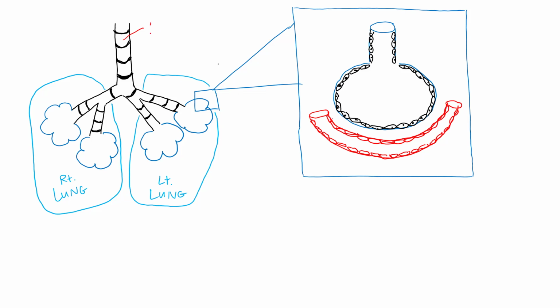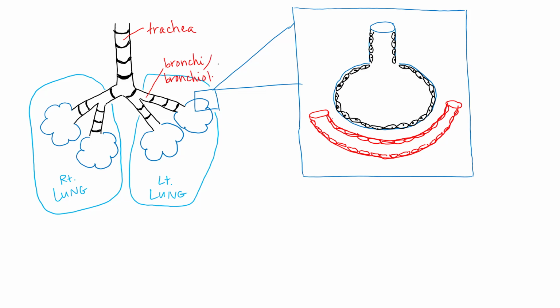So this is the trachea. And the trachea has all these cartilaginous rings. That's what I'm trying to show here. It keeps this airway rigid and open, so the main airways don't collapse. And then the trachea branches into the bronchi, and further branches into bronchi and bronchioles.